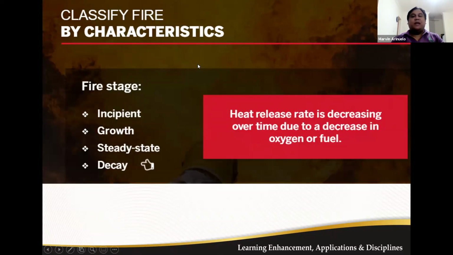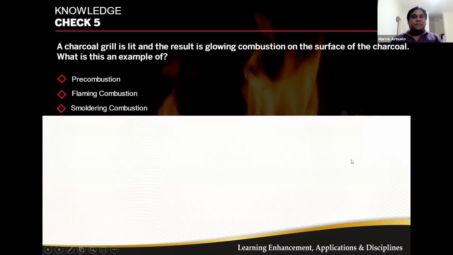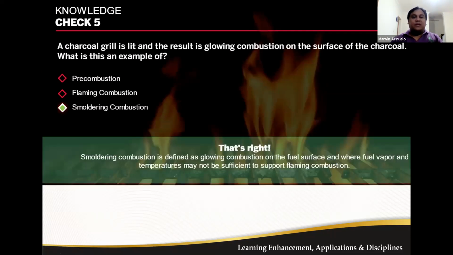Okay, let us see. Maybe Rahil answered it correctly. The answer is C, smoldering. It is defined as glowing combustion on the fuel surface where the fuel vapor and temperature may not be sufficient to support the flaming combustion.